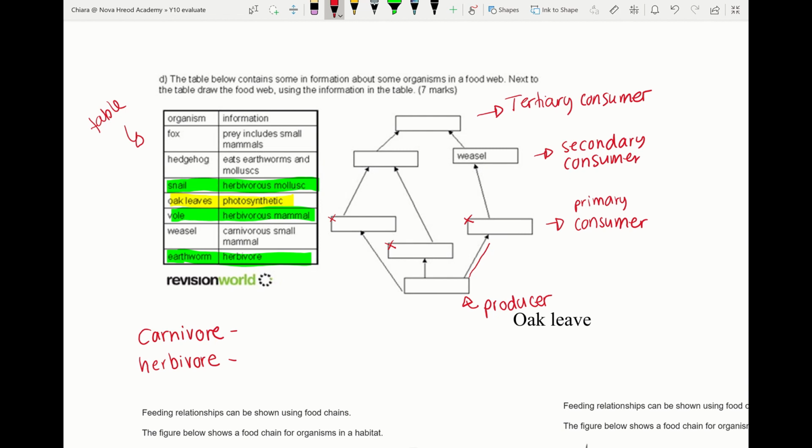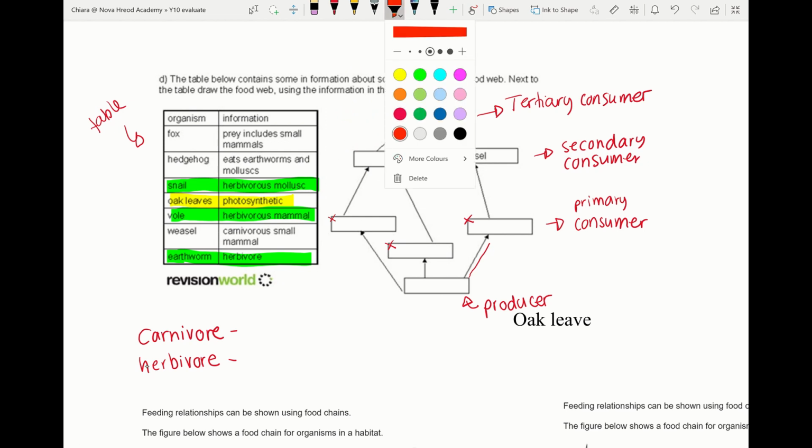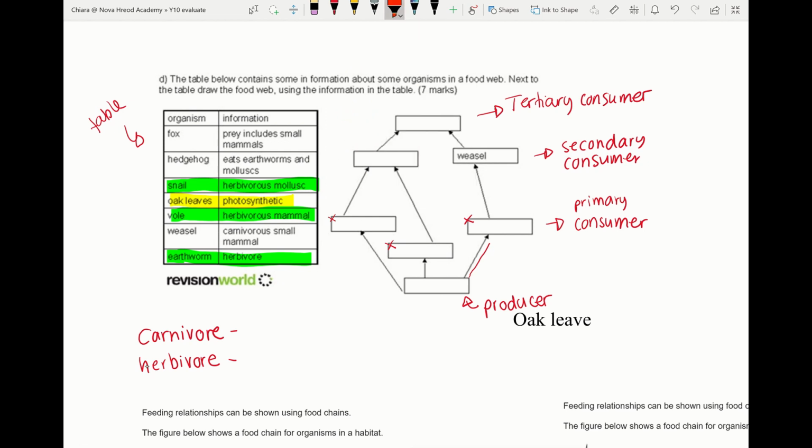I know we've got the weasel, and let's highlight carnivores in red. The weasel is already here, and it says that it's a carnivorous small mammal. And at the top it says the fox, the prey includes small mammals, so that could be the tertiary consumer. And then we've got a hedgehog which eats earthworms and mollusks. From this information, I can already say that the fox will be at the very top of the food chain.